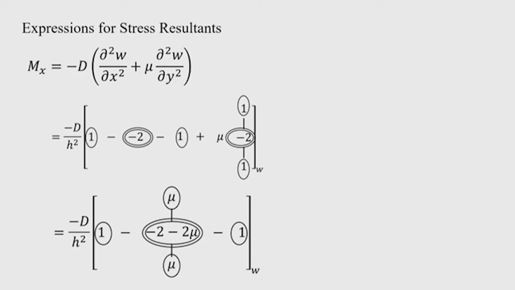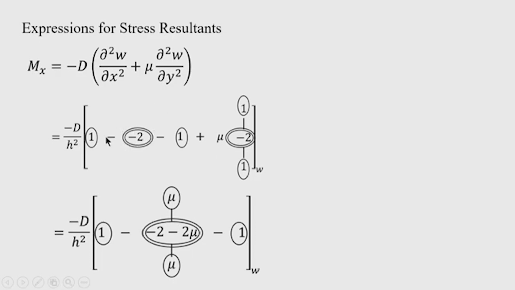Here, del square w by del x square is taken from the earlier expression that I have derived, plus mu into del square w by del y square. It is the same quantity, but written in the vertical direction, because the derivative is taken with respect to y. And the Poisson ratio mu is associated, that is a must.